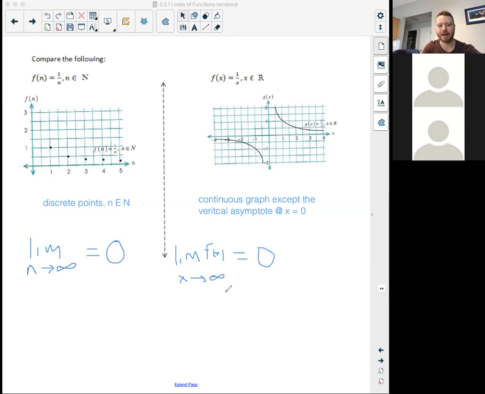Good. This is what we've just done: we've looked at the right side of the graph. Now we're going to look at the left side of the graph as well. So what is the limit of f of x as x approaches negative infinity?